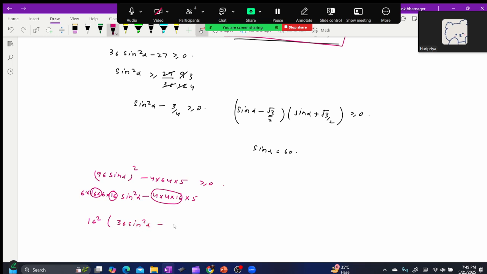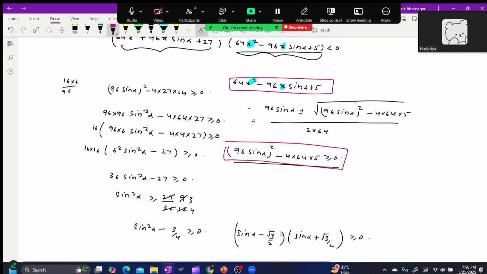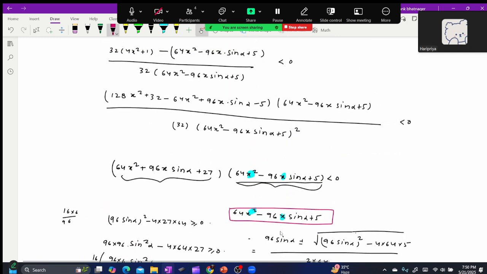So it will be 16 square, 36 sine square alpha minus 5 sine square alpha. But here we are getting it wrong.